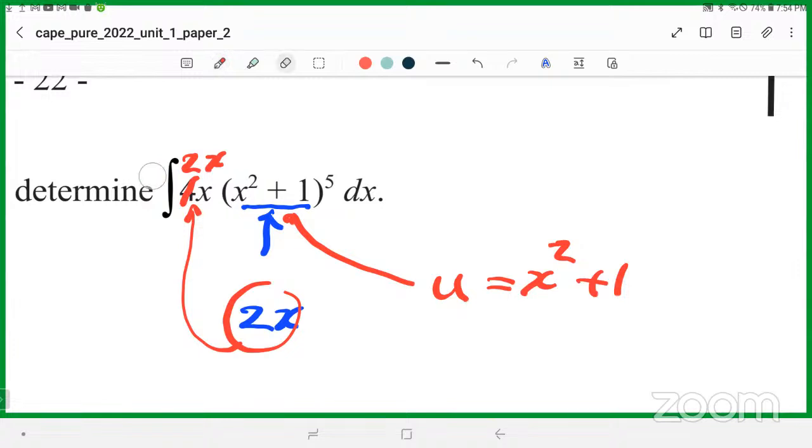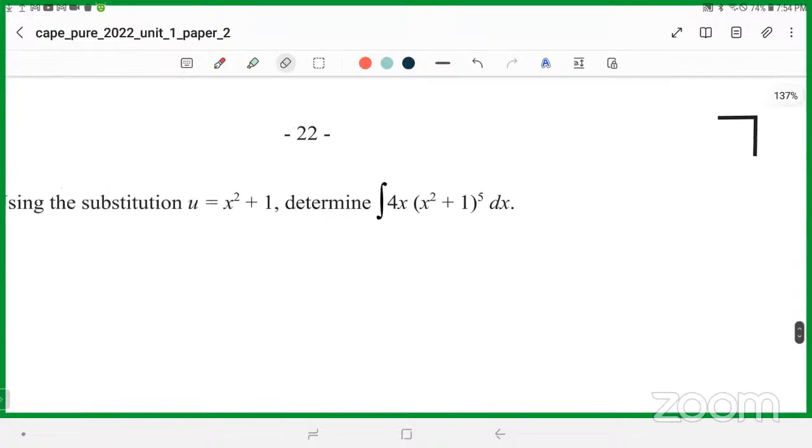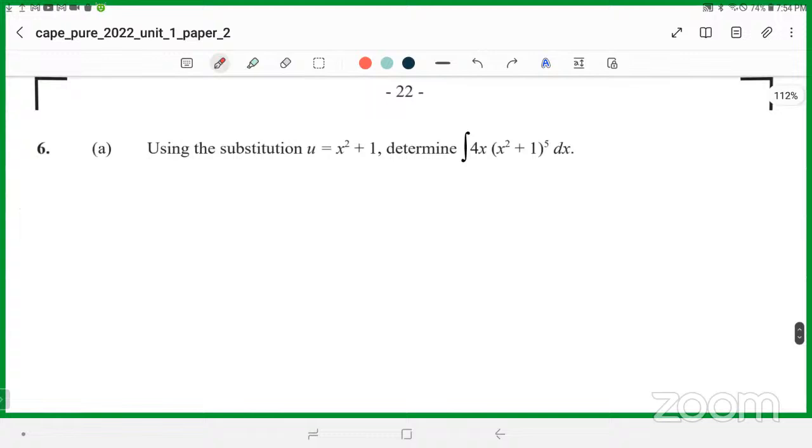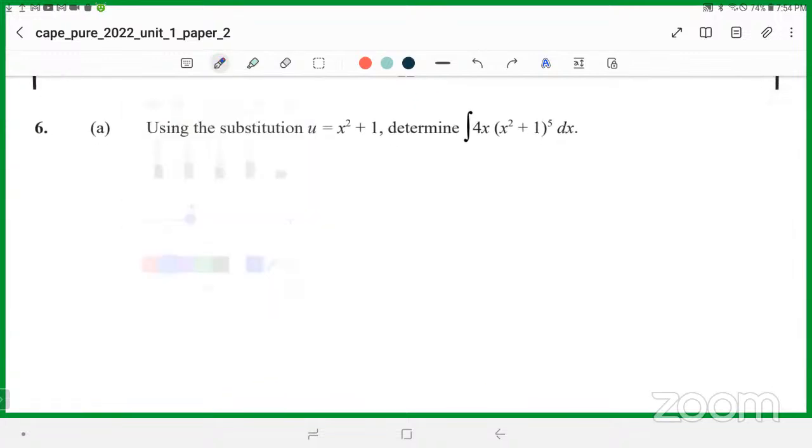All right? But they are helping you by telling you to make it. They tell you the same substitution I would have made. But let's look at it now. So making a substitution, u equals x squared plus 1.